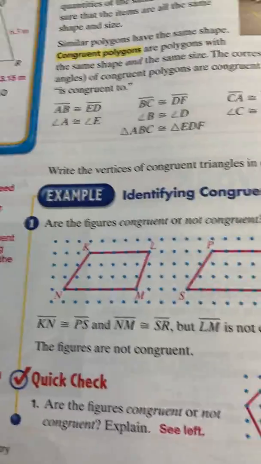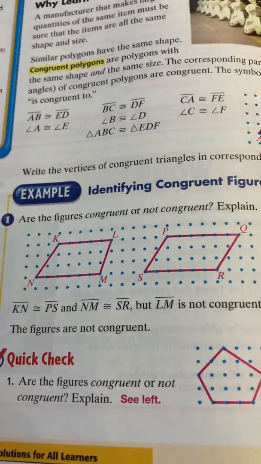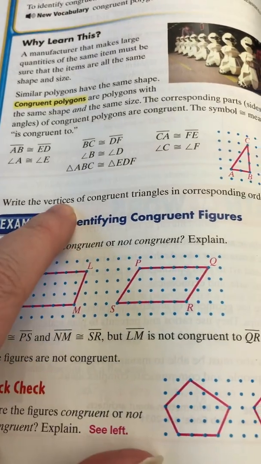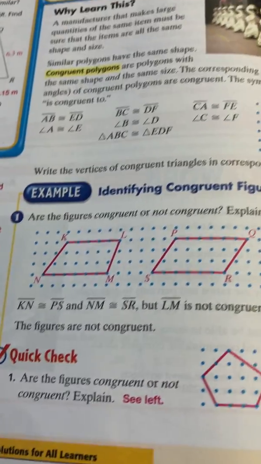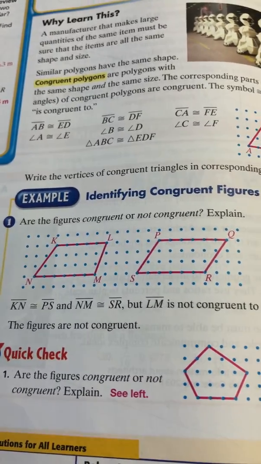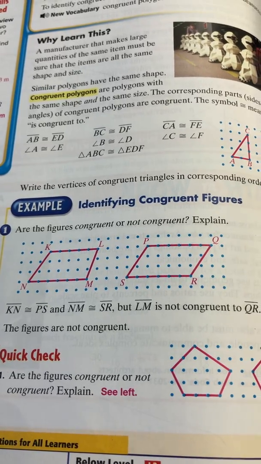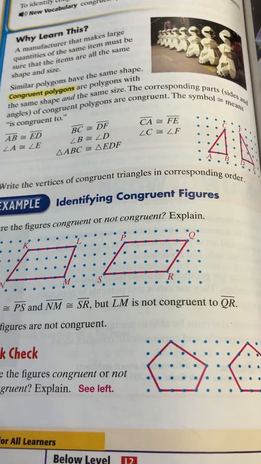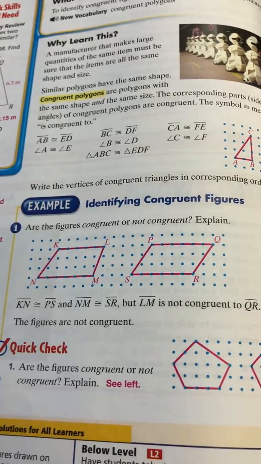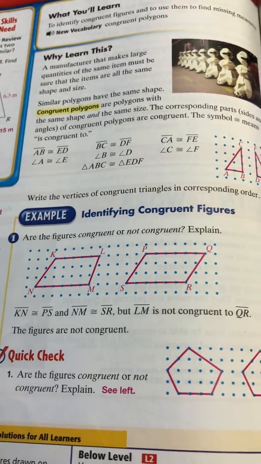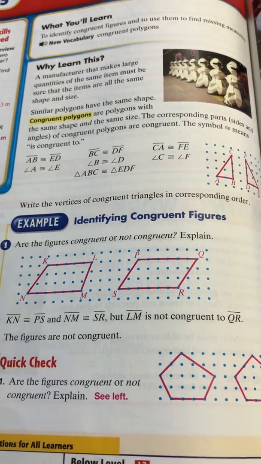Okay. Now they give you this part. Remember the plural of a vertex is vertices. So are these figures, figure KLMN and figure PQRS, congruent or not? Well, they're not, because they're not the same.